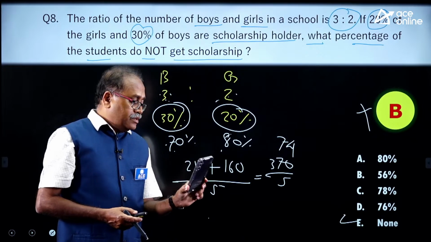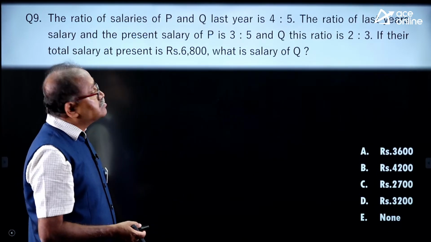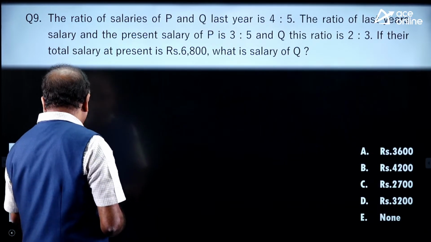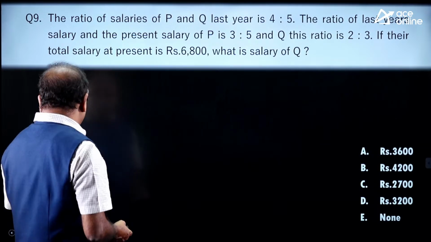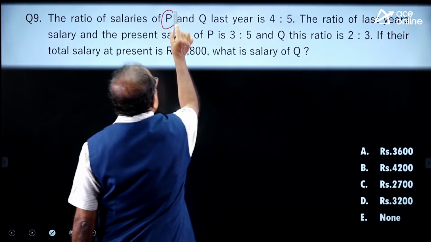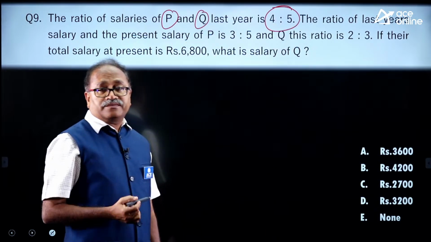The next is this. There's the next question. What is it? Let me read it out. The ratio of the salary of P and Q last year was 5:6.